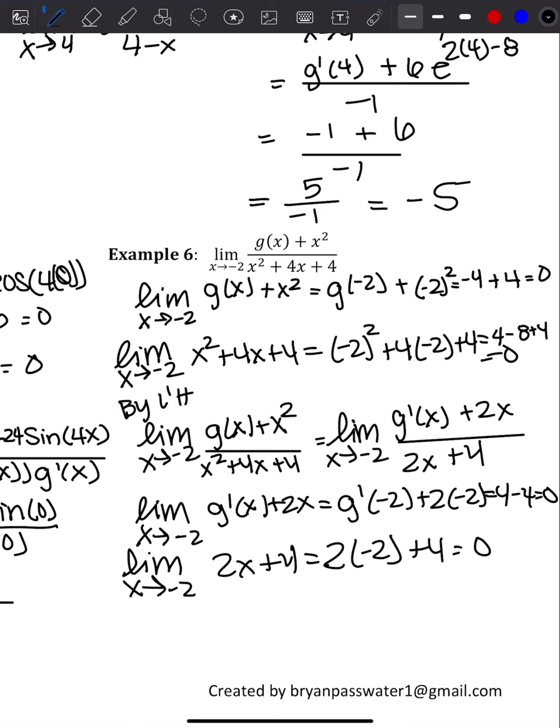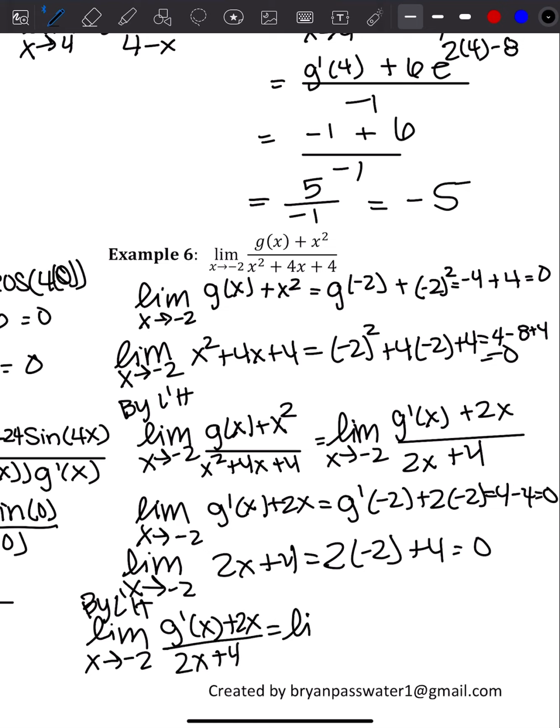So we now are going to take the last one we have. So by L'Hopital's rule, the limit as x approaches negative 2 of g prime of x plus 2x divided by 2x plus 4 is the same thing as the limit as x approaches negative 2 of g double prime of x plus 2 divided by 2.